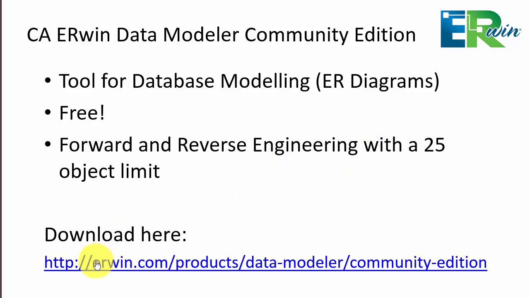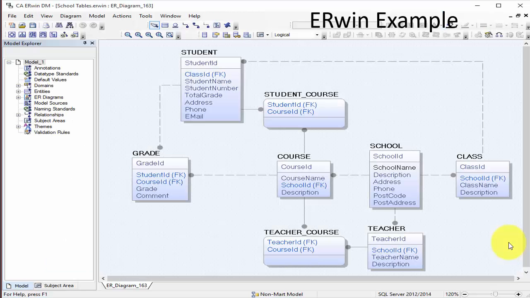So you can download it for free using this link. Here we see an example created in Erwin. We have different tables, table names, primary keys on the top, and then we have the relationships between tables with primary keys and foreign keys.